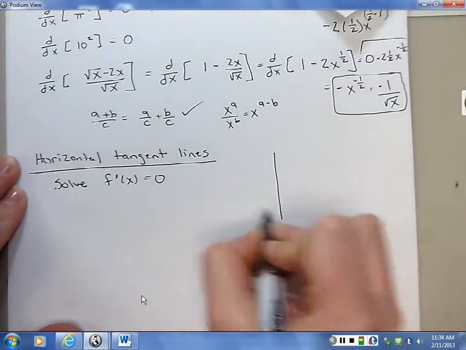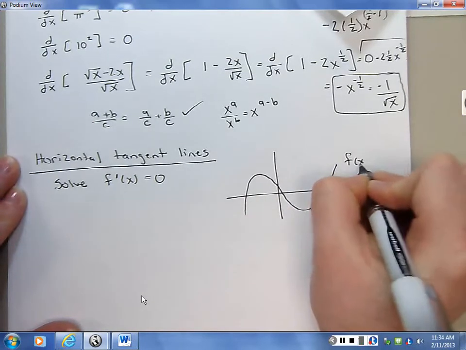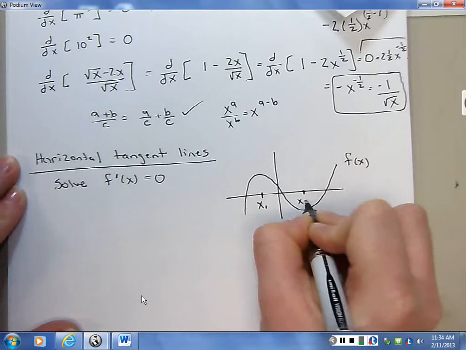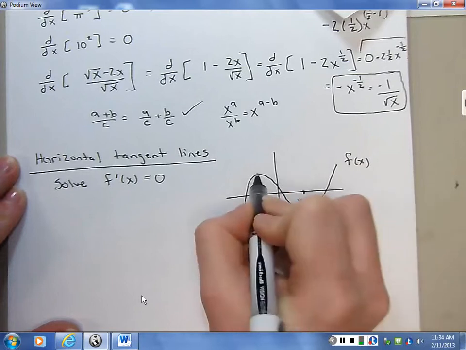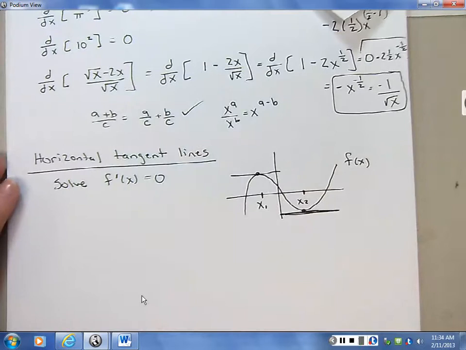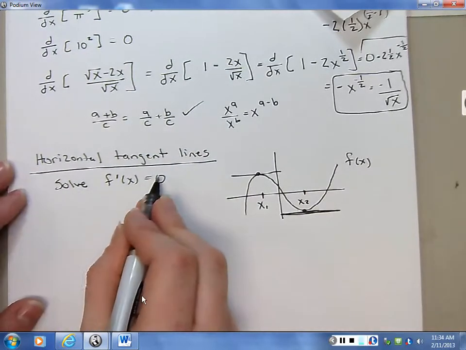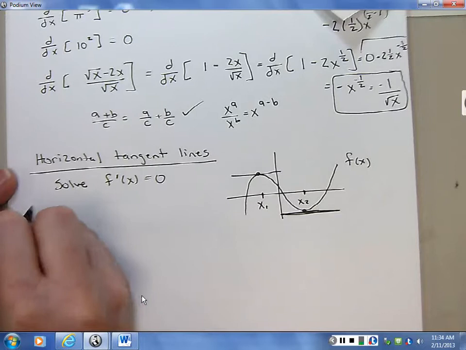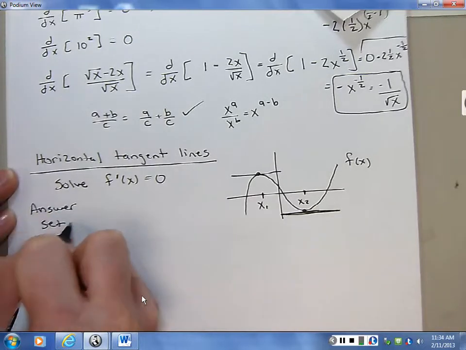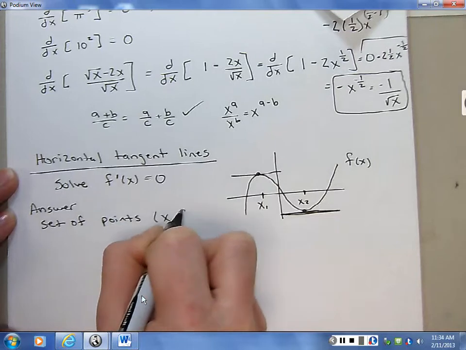To think about it, if I just give you a graph, and this is f of x, this point and this point, we'll call it x1, x2, are the points where I have these horizontal tangents. Right? So you solve for when f prime of x equals 0, and your answer is a set of points. x comma f of x.